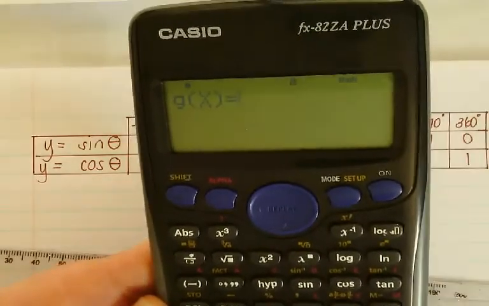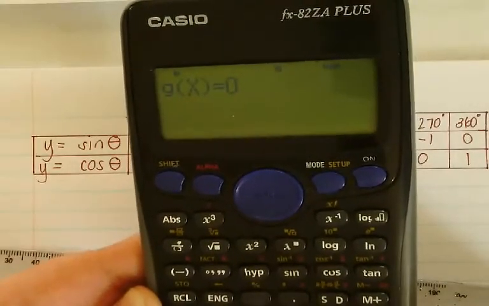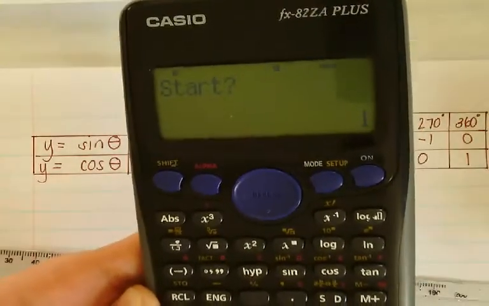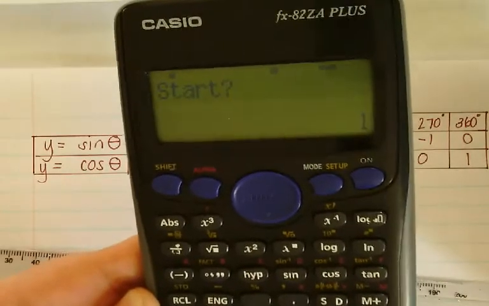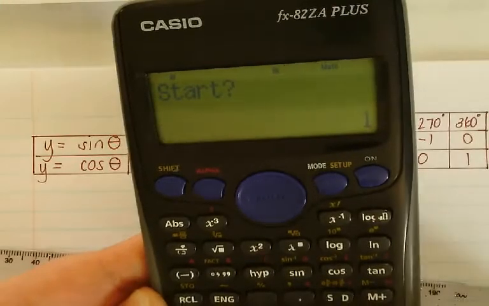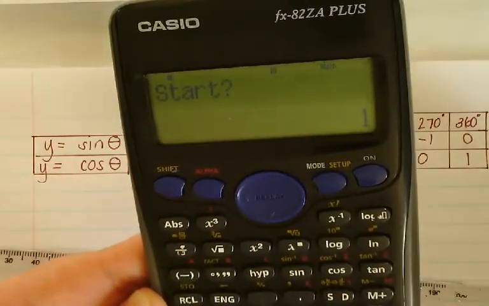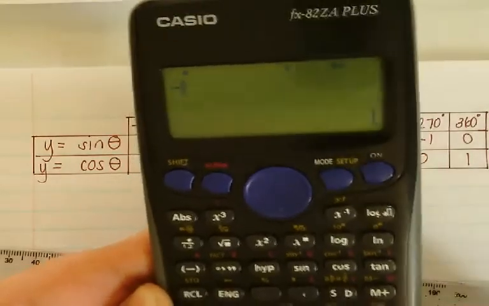If you have a g of x, you can just make it 0. Sometimes it has 2 possibilities, sometimes only 1. Okay, where did your Cartesian plane start? What was the first number you wrote down for the x's? Negative 360.